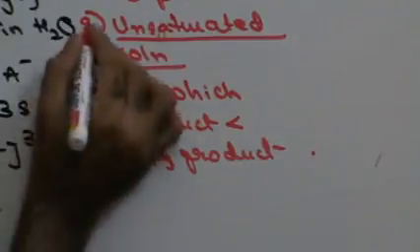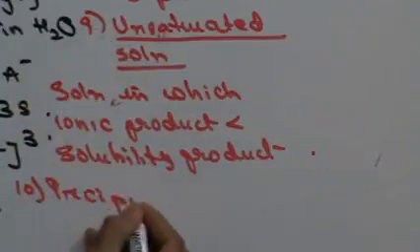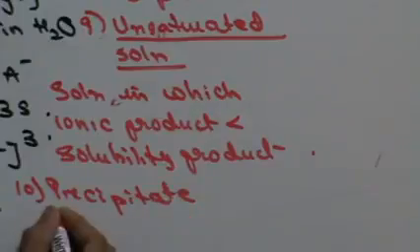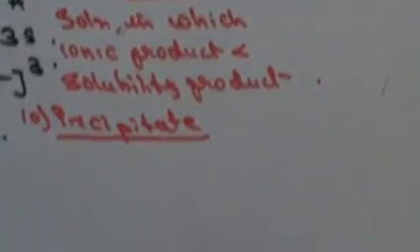In that case, what is a precipitate? How do I define a precipitate? A solution in which the ionic product exceeds the solubility product is called a supersaturated solution, and the excess ions remain back, and that is what is called your precipitate.